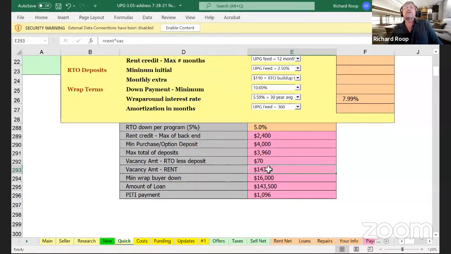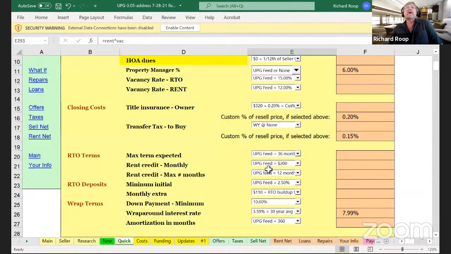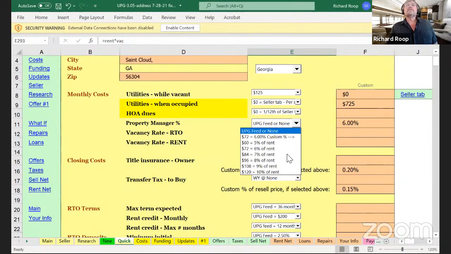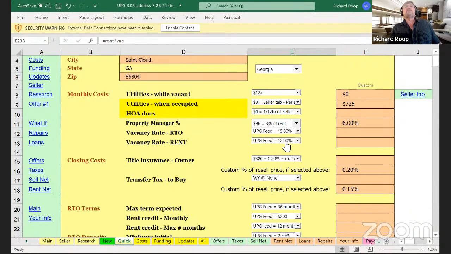If it was a rental, it works a little bit differently because we don't have any purchase deposits. If it's a rental, we're going to probably have a property manager, so we would have like 8% plus 12% for vacancies, repairs, and maintenance. That's about 20%.